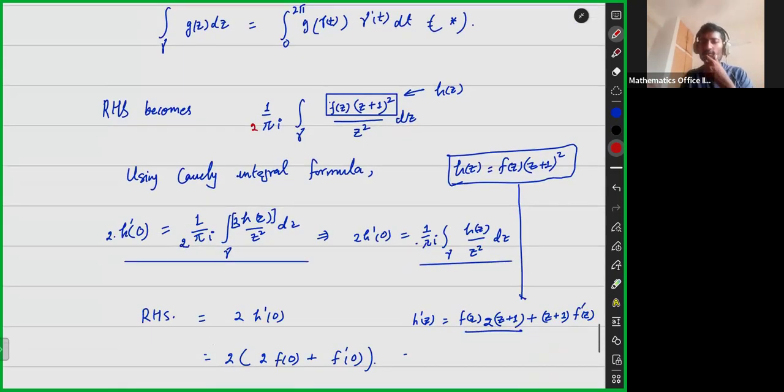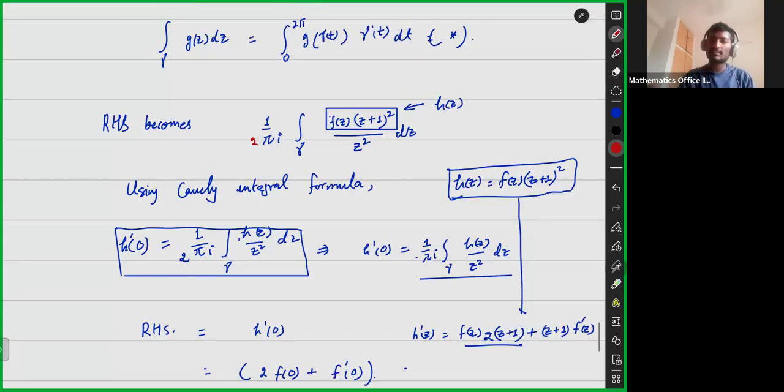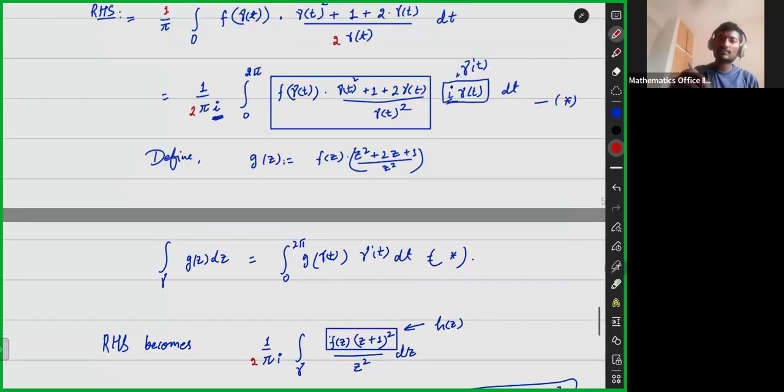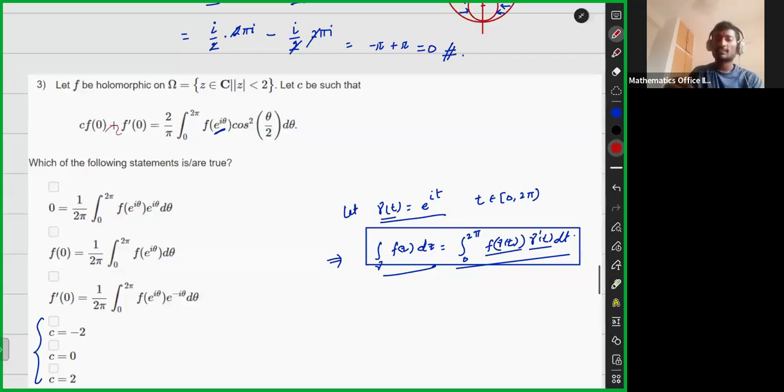So we are going to put h prime at 0. So what is h prime at 0? RHS is h prime at 0. So now we calculate this, right? So the left hand side is actually t into f(0) plus f prime at 0. This implies t is equal to 2.